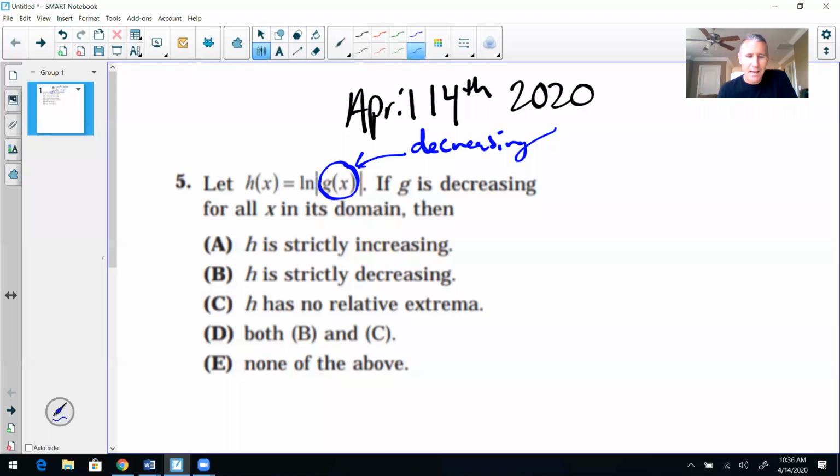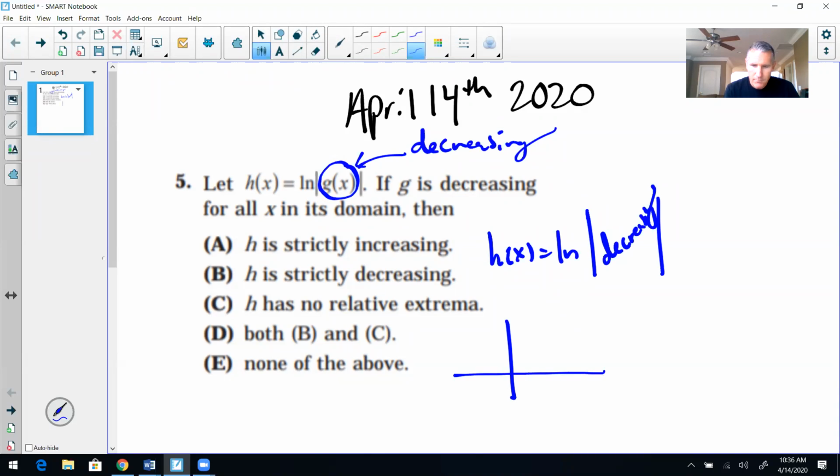Okay, and then we're taking the natural log, so h of x equals the natural log of the absolute value of a decreasing function. Well, if something is only decreasing, let's say, how about I do this?